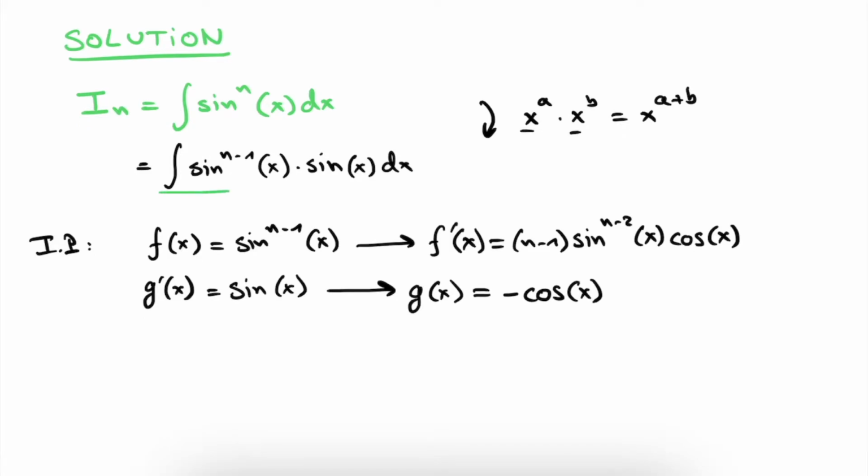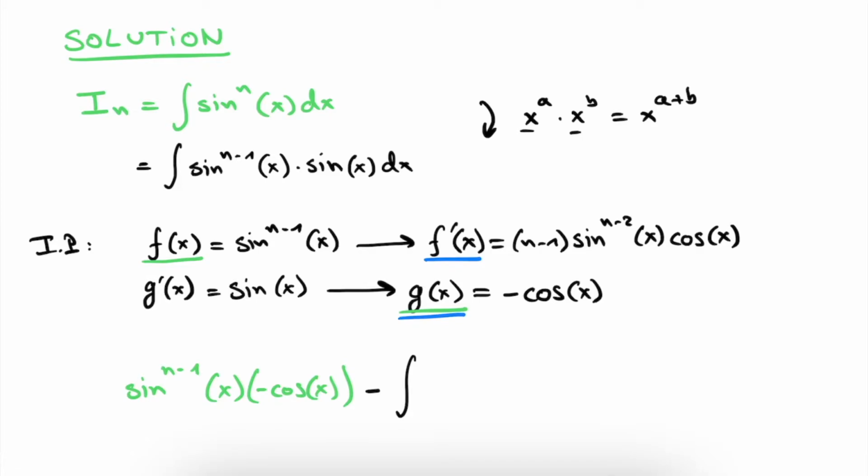We know that this integral can then be written as the product of f of x and g of x, which becomes the sine to the power of n minus 1 of x times minus cosine of x. And then a second term, which will be the integral, where we need f prime of x and g of x.